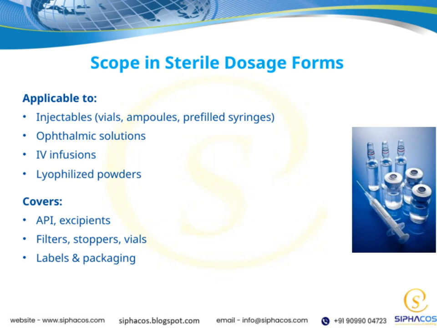All these components are essential to ensure the safety, efficacy, and integrity of sterile dosage forms throughout their life cycle. Understanding this scope helps us appreciate the complexity and the critical quality considerations involved in producing these sterile products, which are vital for patient safety and treatment success.